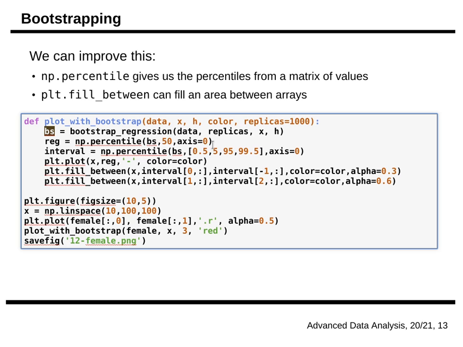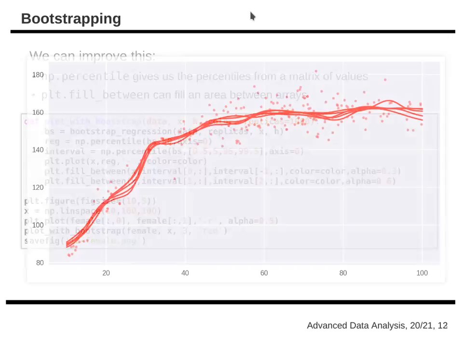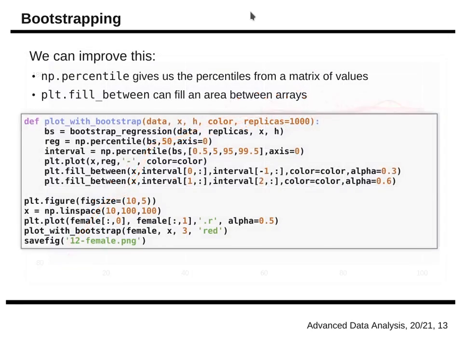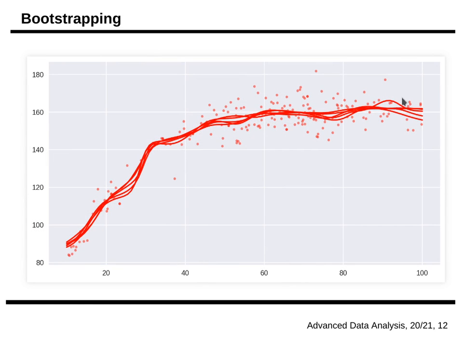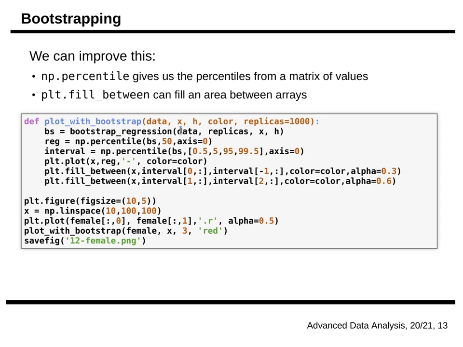Each line is a row, and we have 1000 rows with all the different lines that look somewhat like this. And now we can use the percentile function to get the median of this. We can actually use the median function for this, but I just use the percentile to illustrate how this percentile function works. So by giving this matrix that has 1000 rows, and on each row it has the y values for one of these lines, we can ask for the percentile 50.